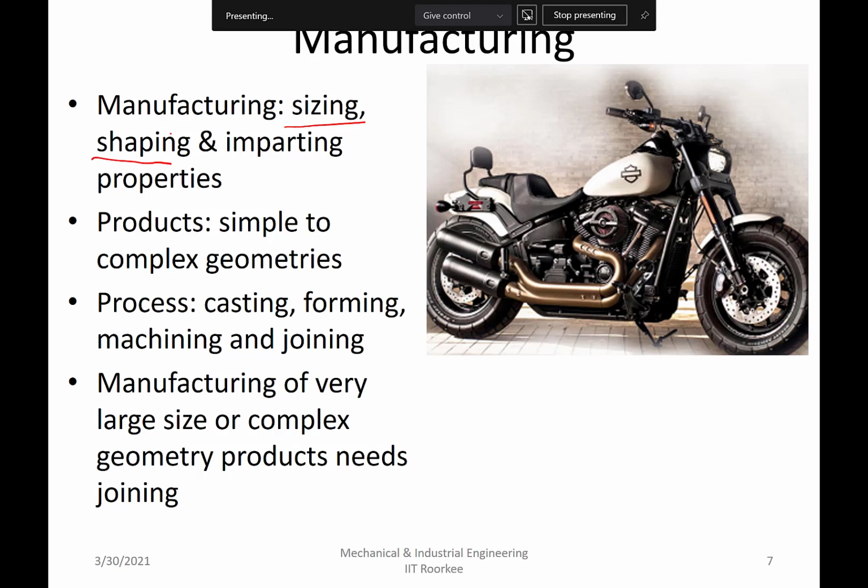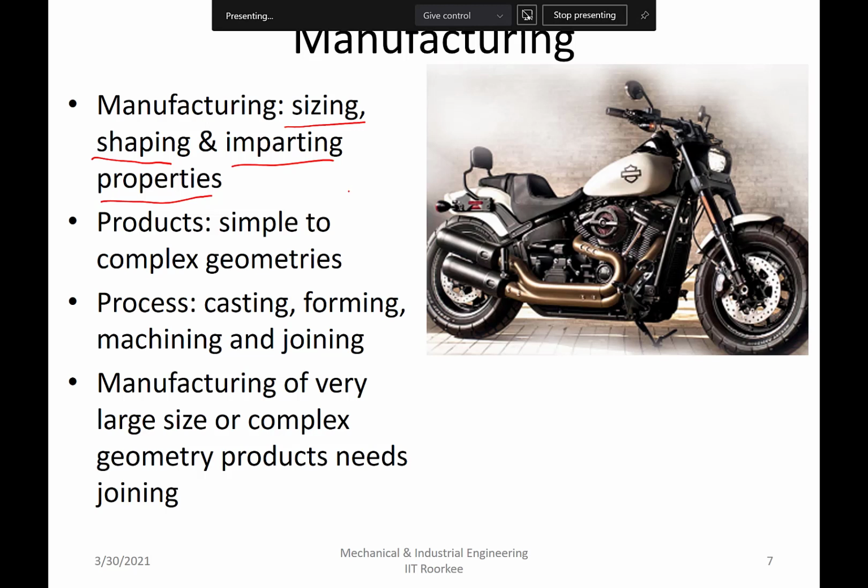So these are the two broad things: size is changed or shape is changed, so that we get the product as per our need. The third important aspect is imparting properties. The material may not have the desired set of properties, in terms of strength, toughness, ductility. Those properties are also imparted through suitable treatment approaches. That also falls under manufacturing.